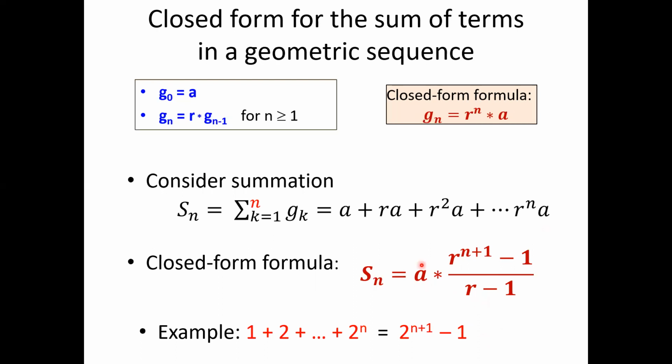The full formula like this, you see, this a is noise, because if you just remember the same formula for a equal 1, then you can derive immediately for yourself what happens when you multiply by a, because it's just the same formula multiplied by a. So that's not worth remembering. The part that is worth remembering is set a to 1 and just look at this sequence, and the summation over that is this expression.